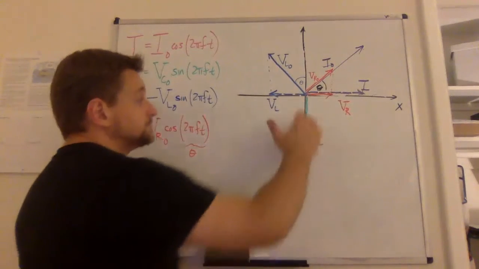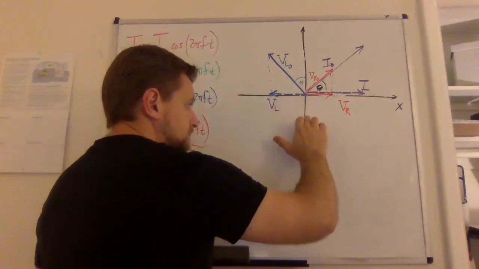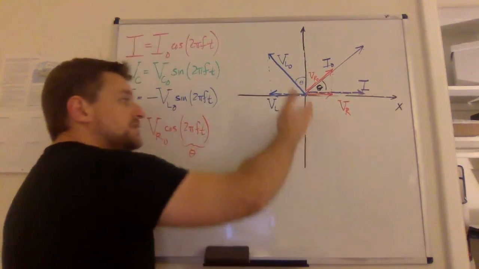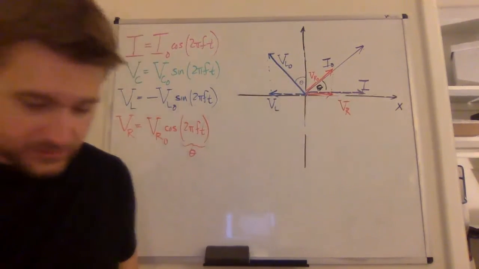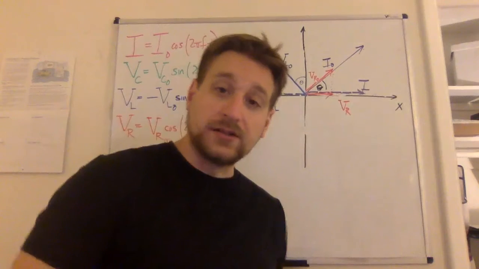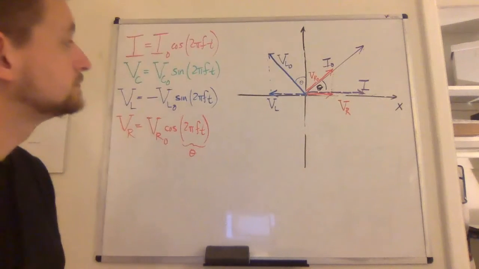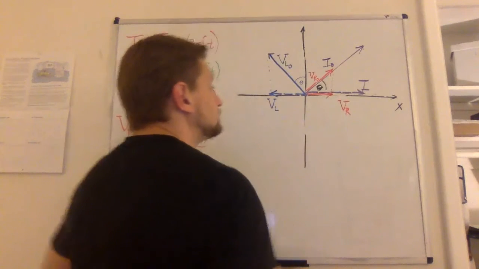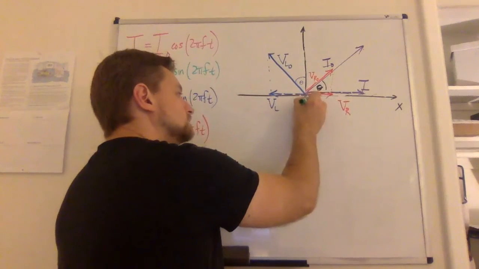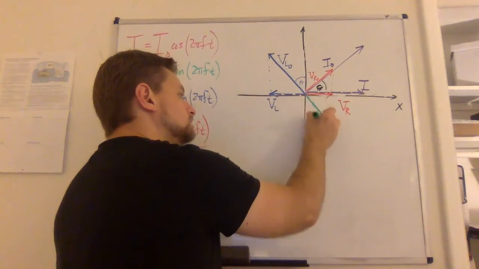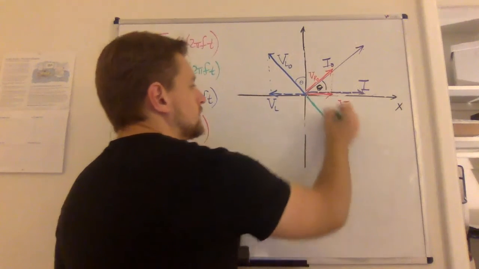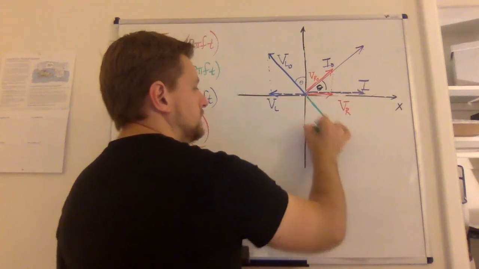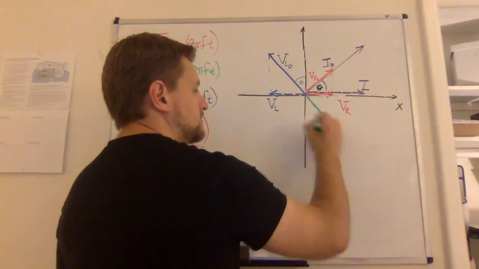We're almost done. We also had to rotate the capacitor phasor through an angle theta. The length of the phasor is the amplitude, V sub C sub 0.